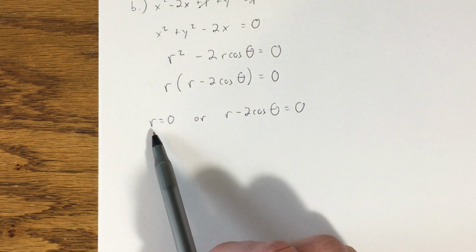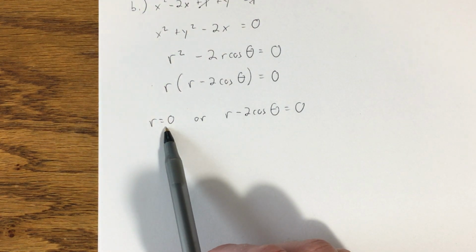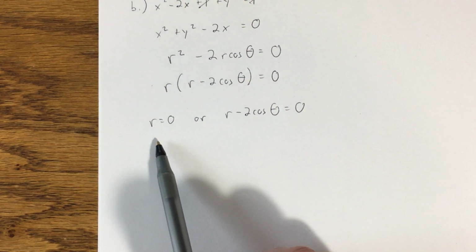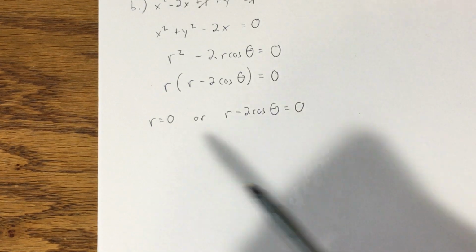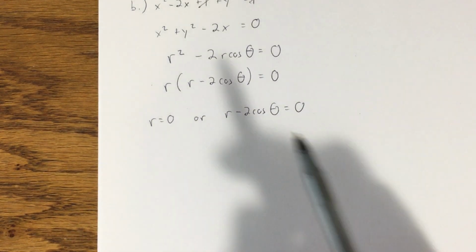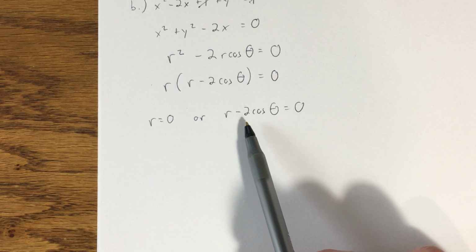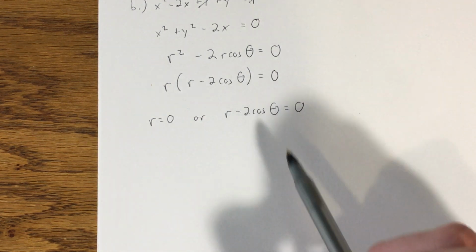Now, as we said before, for any point in polar coordinates, if r is equal to 0, regardless of what the angle is, that's always describing the exact same point. It's the pole, or the origin, if you want to think of that in rectangular terms. This equation, if we think of it graphically, has a point at the origin.